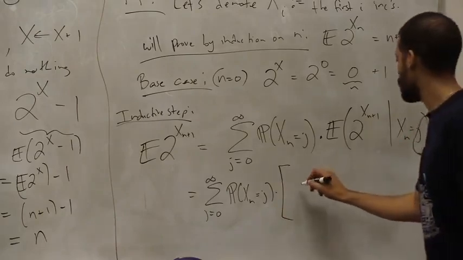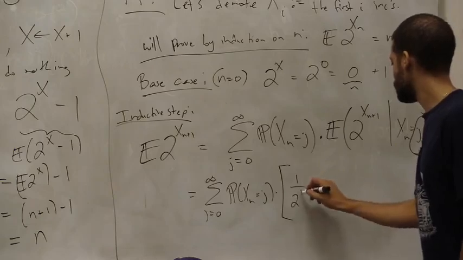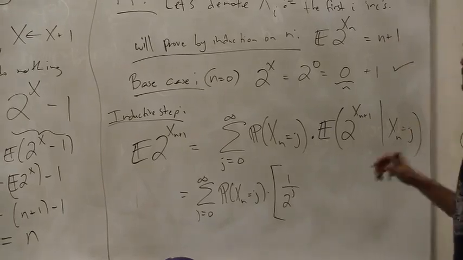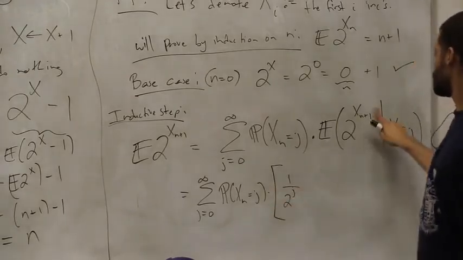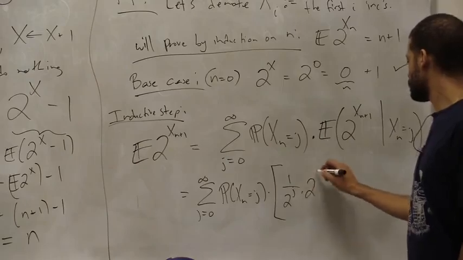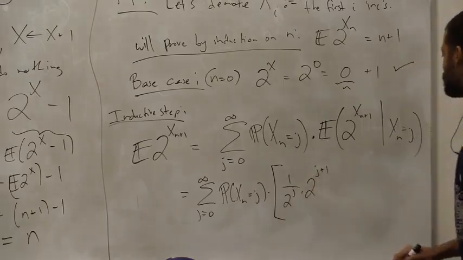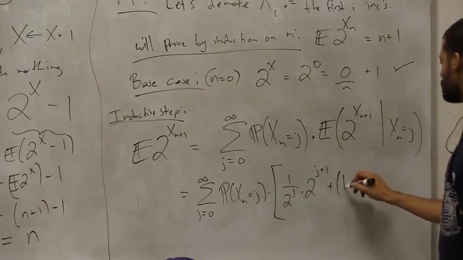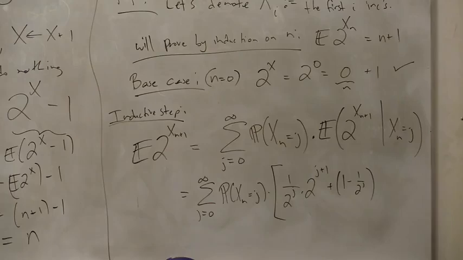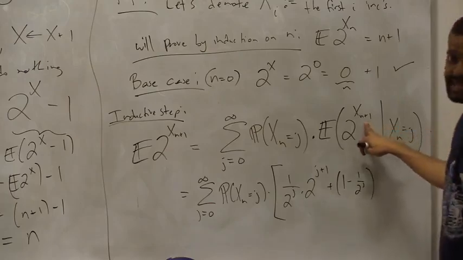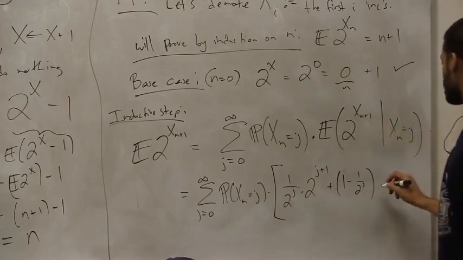So with probability 1 over 2 to the j, we increment, so now xn plus 1 is equal to j plus 1, so 2 to the j plus 1. And with the remaining probability, 1 minus 1 over 2 to the j, xn plus 1 stays j, and then here we get times 2 to the j.